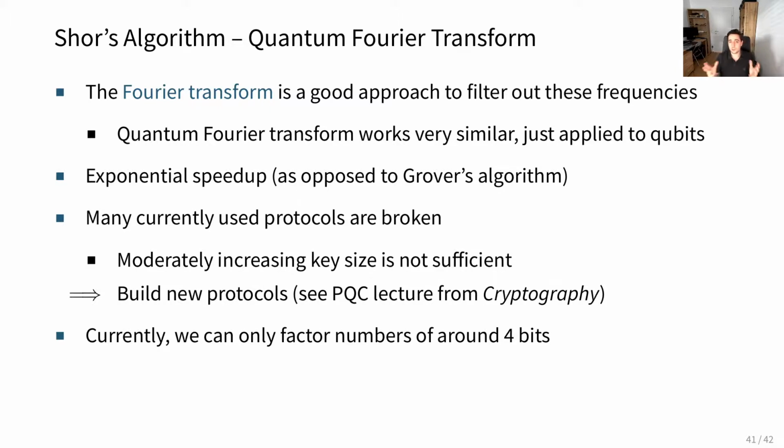So new signature schemes which are not vulnerable against these quantum approaches. But what is maybe also important to say is that currently we can only factor numbers of around 4 bits. I'm not sure, but I think 21 is still the record. But yeah, a couple of bits, we are still far away from the key sizes which are now used for RSA. But still, we don't know.